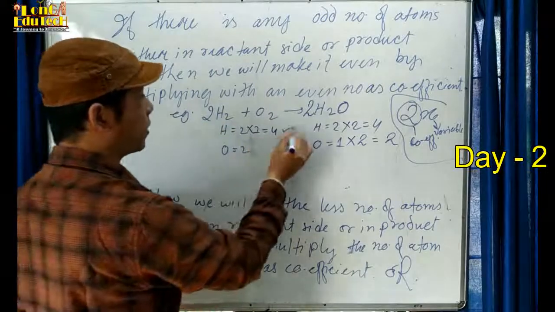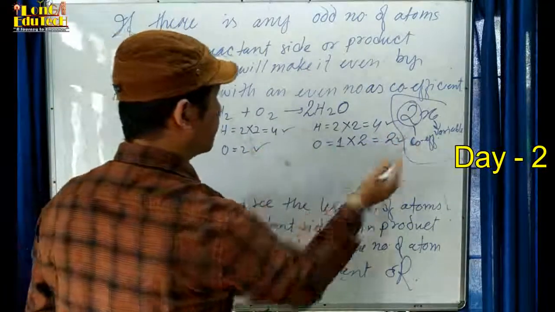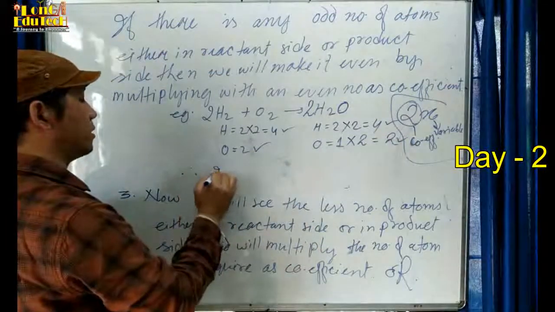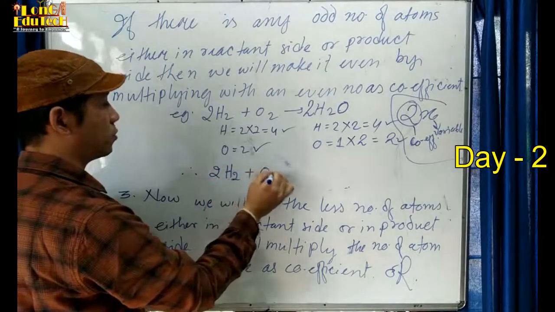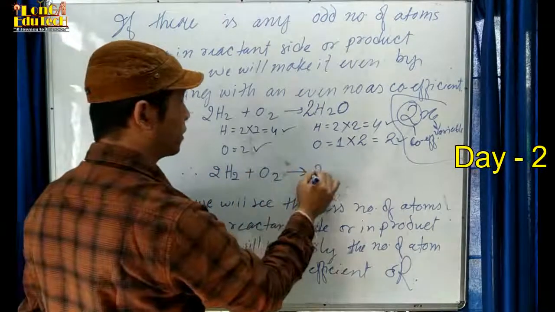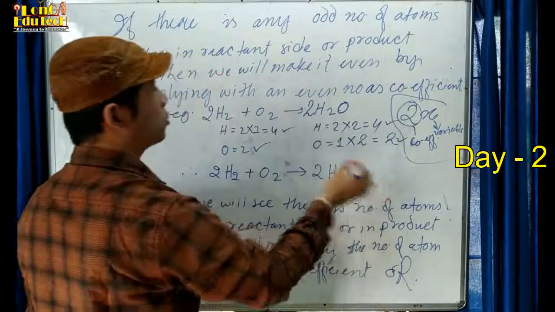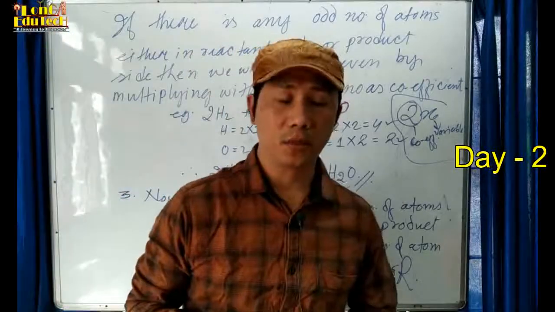Okay, now the number of hydrogen is 4 here, 4 there, oxygen 2, oxygen 2, right? So this is balanced. Therefore the balanced chemical equation is 2H2 plus O2 to give twice the molecules of H2O. So this is how we can balance unbalanced chemical equations.